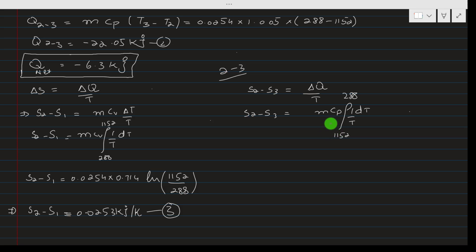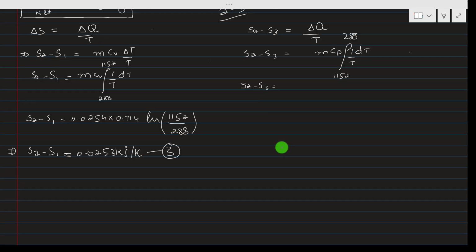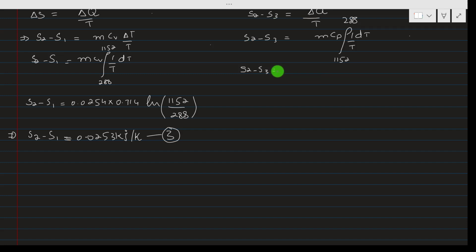Now after integration we apply the limits, so S2 minus S3 will be equal to m times Cp. What is the m value? That is 0.0254. What is the Cp value? That is 1.005. Now apply the integration, then apply the limits.